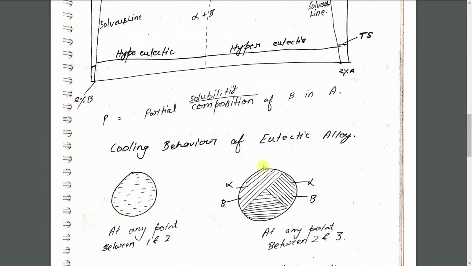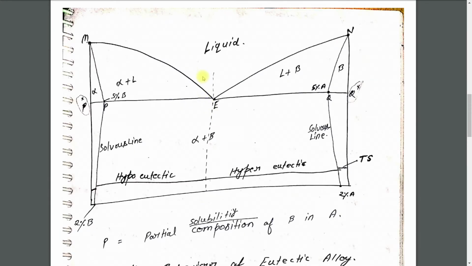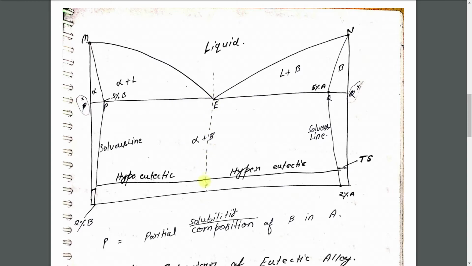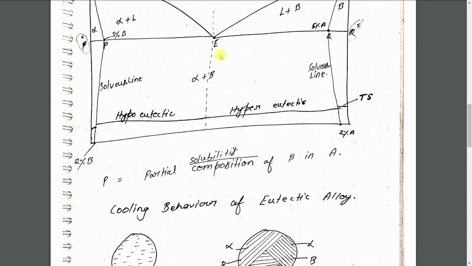Now see the 2 to 3 region. If the temperature rises a little above this, then we find liquid form.